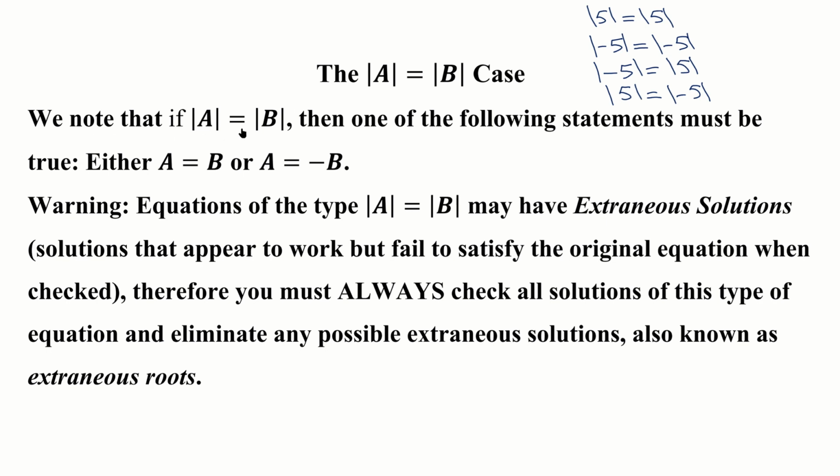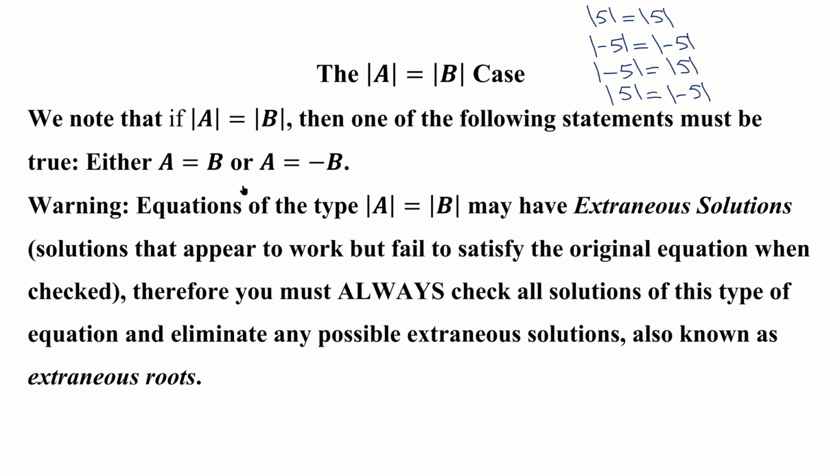We know that if absolute value of A equals absolute value of B, then either A must be equal to B or A must be the opposite of B. So for equations of this type, there's only one thing that you have to be careful about. They sometimes generate what's called extraneous solutions or extraneous roots. So when you get this particular kind of equation, go ahead and solve it using this fact, but you must always check the solutions at the end.